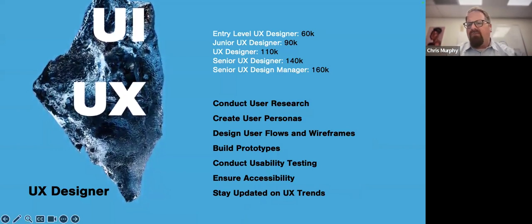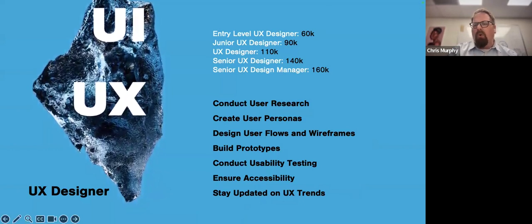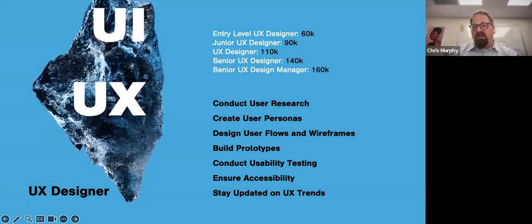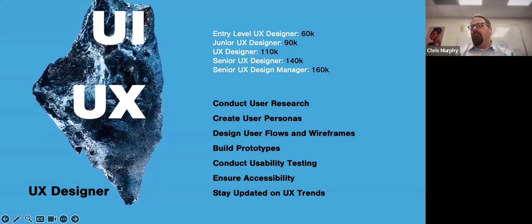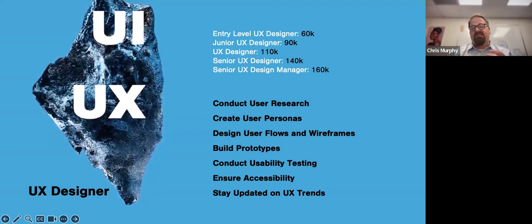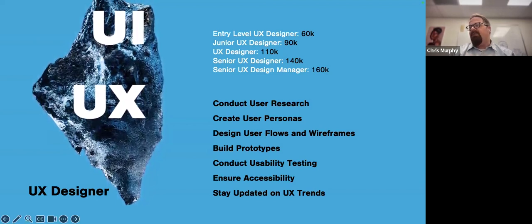Think of a wireframe like a blueprint to a building. It's a blueprint to a website or an application on your phone. They also build prototypes, conduct usability testing, factor in accessibility for the user, and stay up with UX trends.